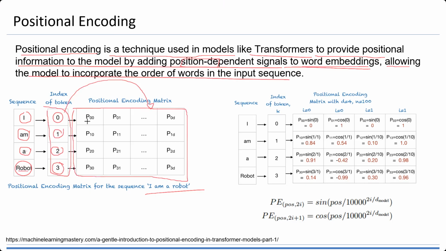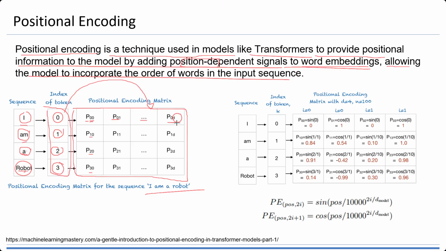We have P00, P01, P02 until P0D. So D refers to the dimension of any model. In this case, we have only 4 words, and then we have 0, 1, 2, 3.